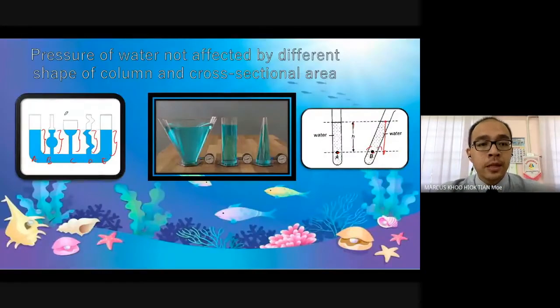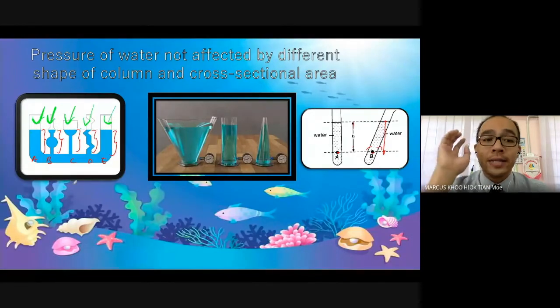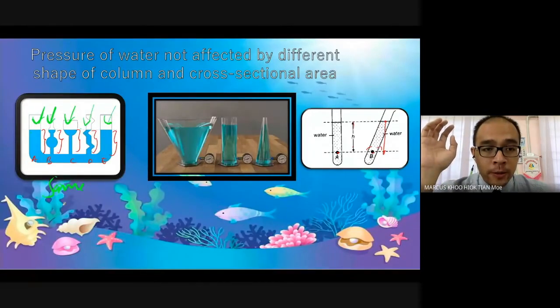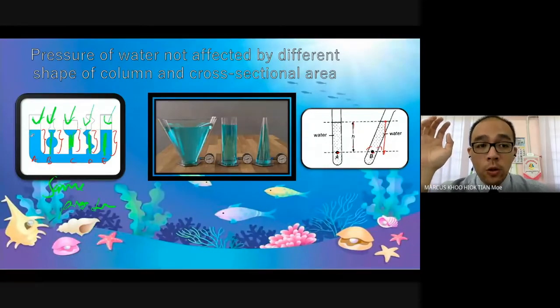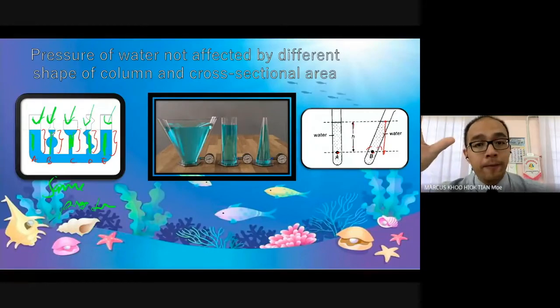So it doesn't matter what the shapes are. If the shape is different, all these 5 situations have the same pressure, because the height is the same. So the shape doesn't affect it. The more obvious one is this. Look at this one. The shape is bigger, right?